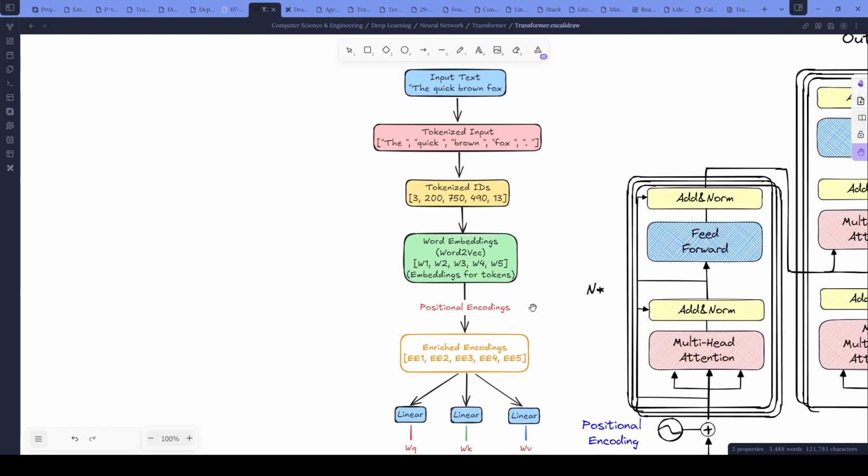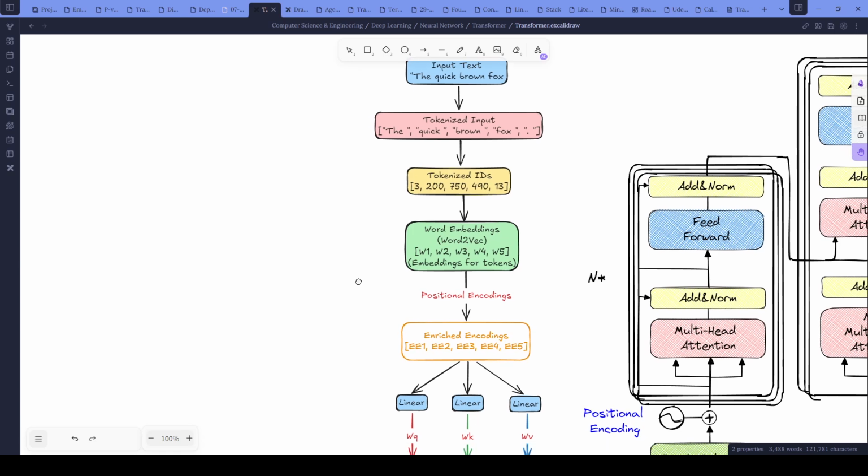After the word embeddings, we need to add positional encodings to the input text, because in the predecessors of the transformer architecture, we had RNN, LSTM, GRU.